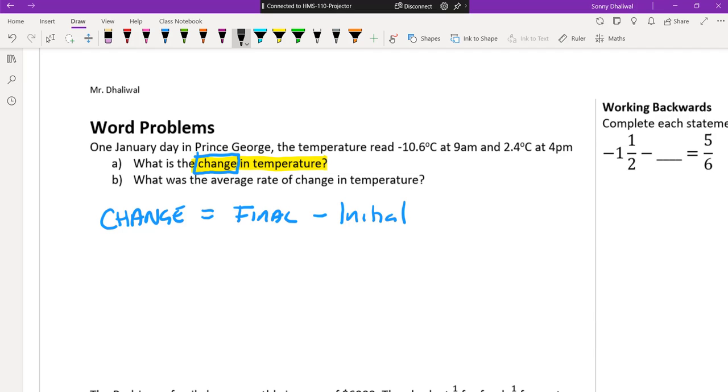In this case, we're trying to find the change in temperature. So what was our final temperature? Where did we start in temperature and where did we end off?